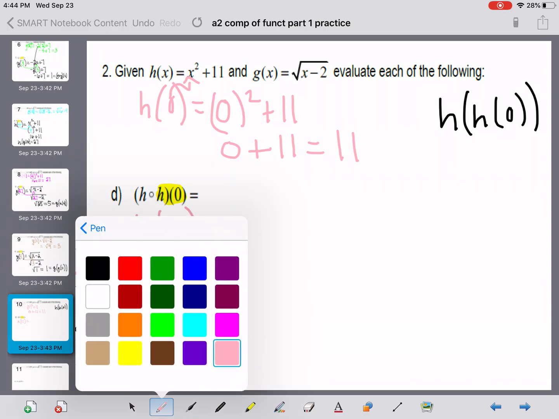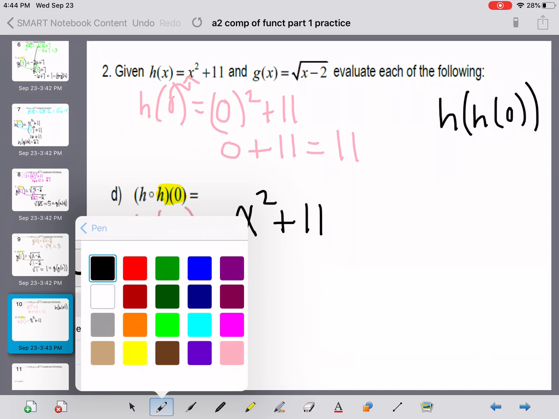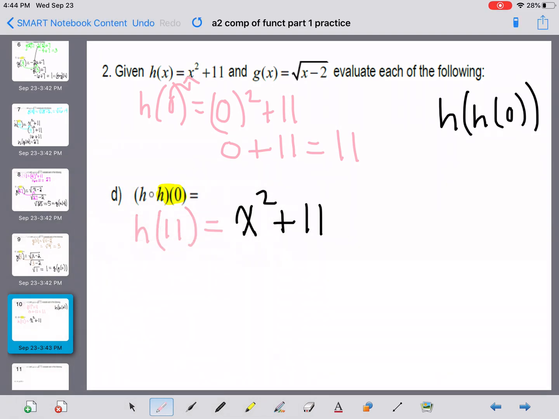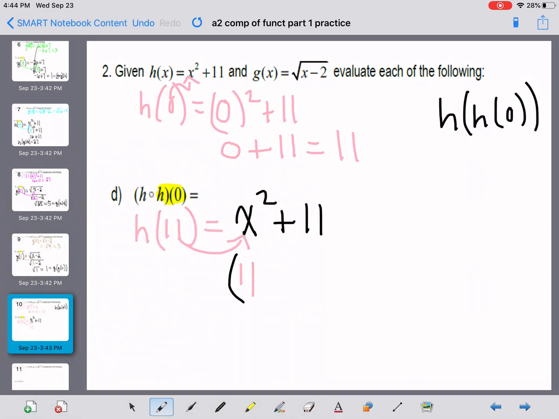And I need to switch back to my other color here, but our h function is x squared plus 11. But we're going to take the value of 11, and we're going to replace x with that value. So it's going to be 11 squared plus 11. 11 squared means 11 times 11.